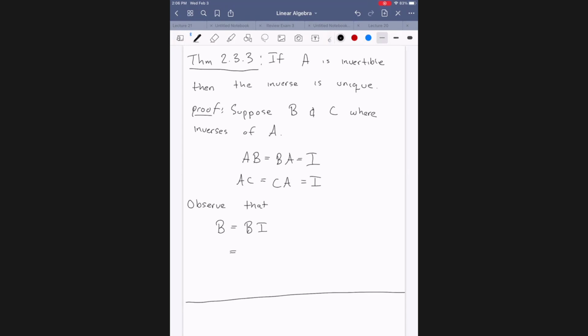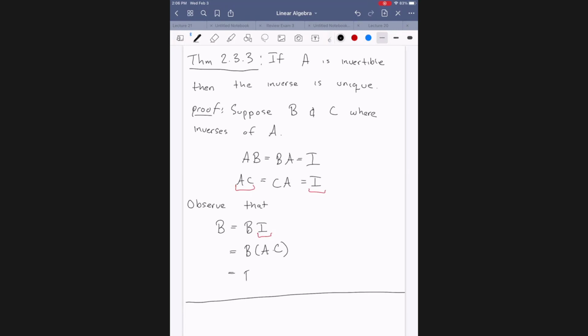Okay, but what is this? Well, that is the same thing as, we can say, this guy right here, that's equal to the identity. We just said that. So this is just B times A times C, right? But we also know that matrices associate.